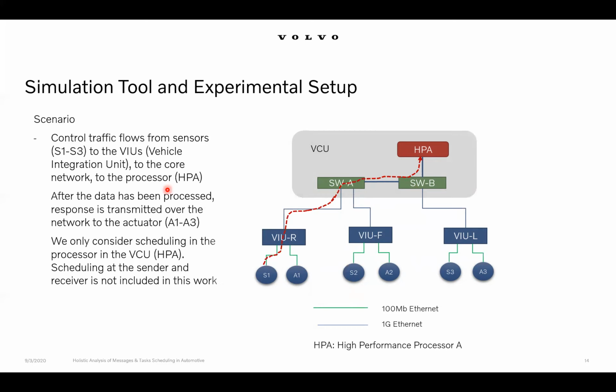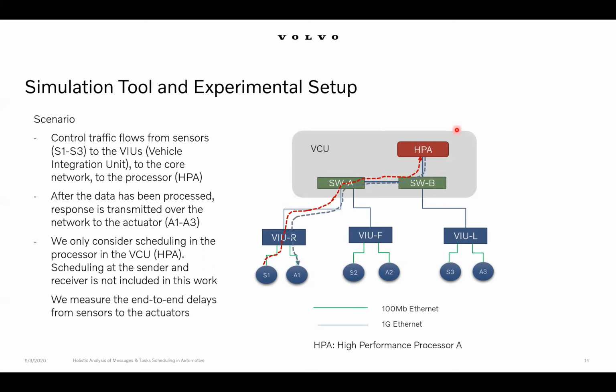When the message arrives from the sensor, it is sent all the way via the switch to the processor. We measure all of this time, from the sensor through the network scheduling part, until the message arrives at the processor.